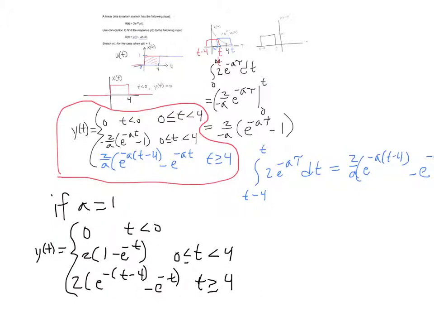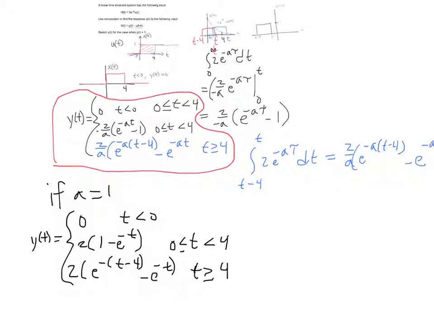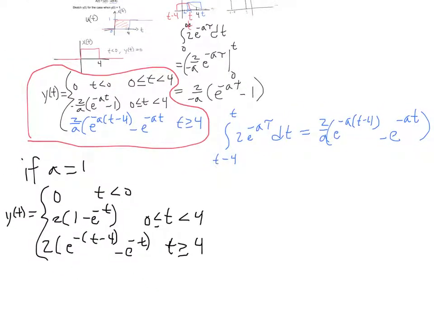So now we'll plot this. And that plot won't exist less than 0, and it'll go to a value of 2. This is our output of our convolution if we let a equal 1.